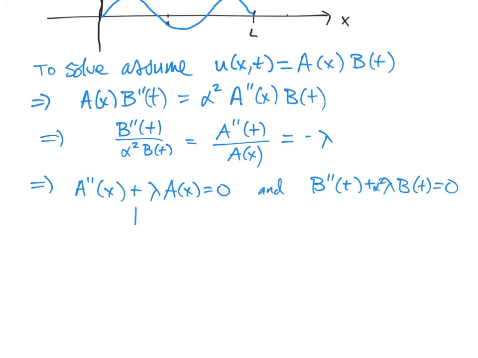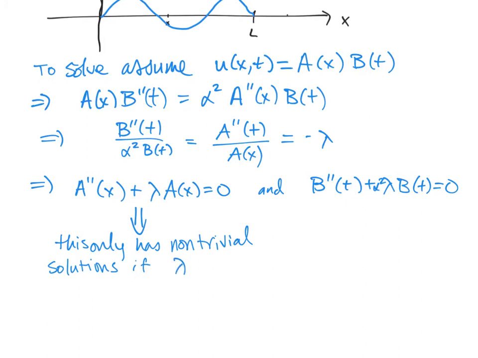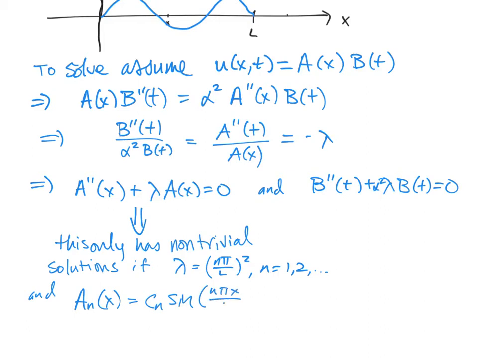And so by the exact same reasoning as for the heat equation, we get that this only has non-trivial solutions for the eigenvalues lambda equals (n pi over L) squared, n equals 1, 2, etc. And then our eigenfunctions, the non-trivial solutions, are C_n sine of n pi x over L.